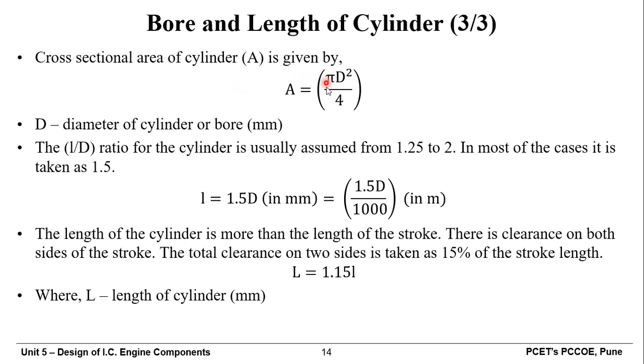You can calculate the diameter d, and once you get the diameter of the cylinder or bore, by using this empirical relation, small l is equal to 1.5 d, you can calculate the stroke length. Again, increase that stroke length by 15%, you will get length of the cylinder. So this is how three dimensions of the cylinder are estimated.